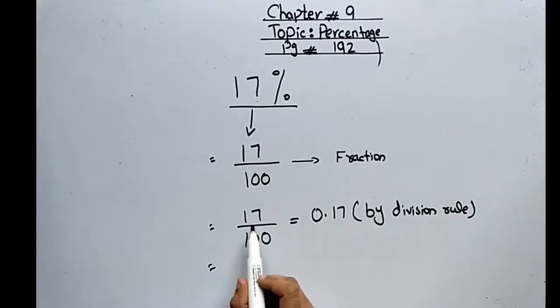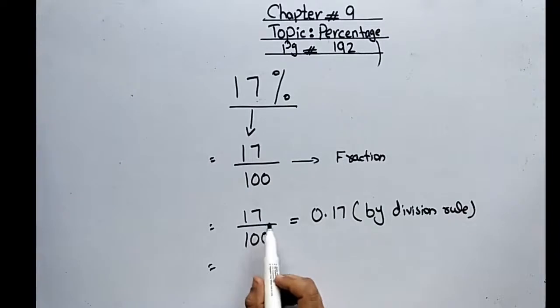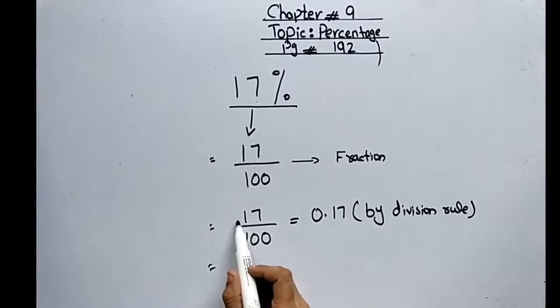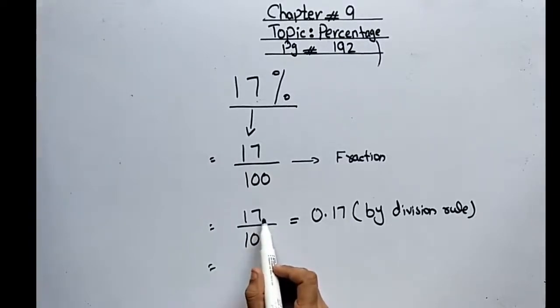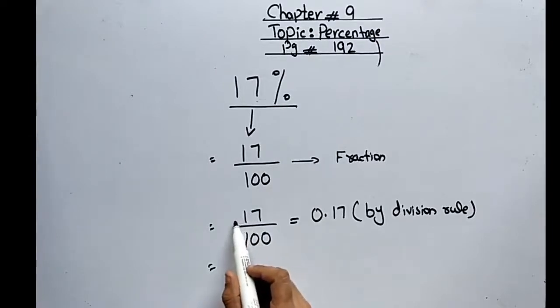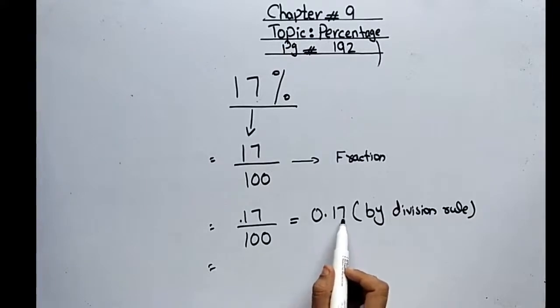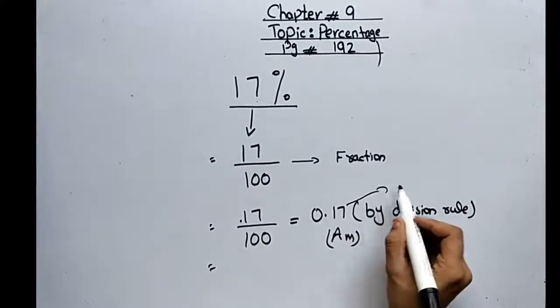It means the point will be written after 2 digits. We start counting from the right hand side. This side is the right hand side and this one is the left hand side. So 1, 2, the point will be written here. 0.17 is your final answer. And this form is called a decimal form.